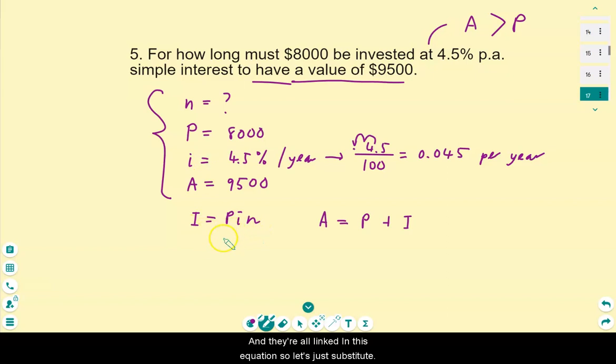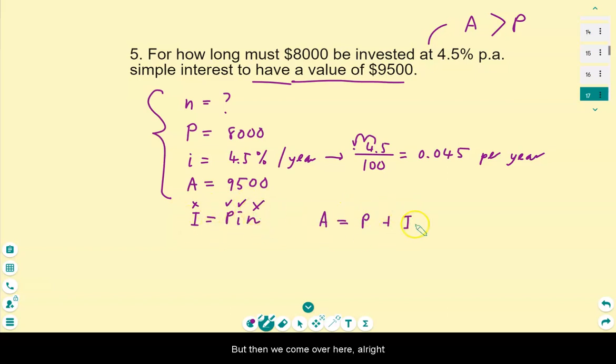So let's substitute in and find what we can. It is a bit of a weird one, actually. Hang on. Let me think about this. Actually, we don't have I. P, we do have P. I, we have I, but we don't have N. So there are too many unknowns for this one.